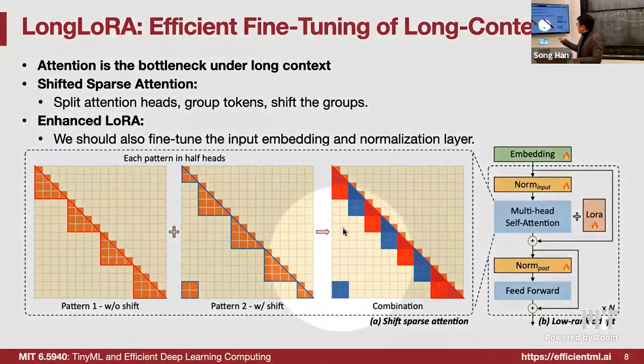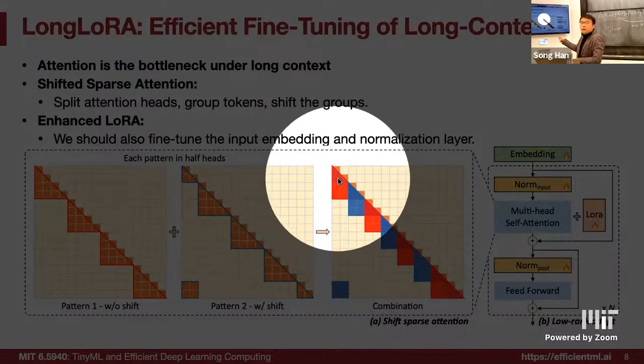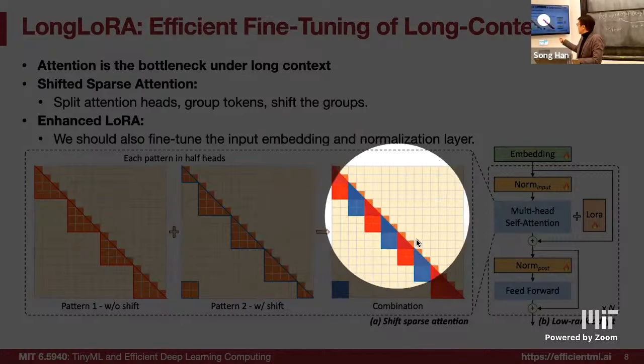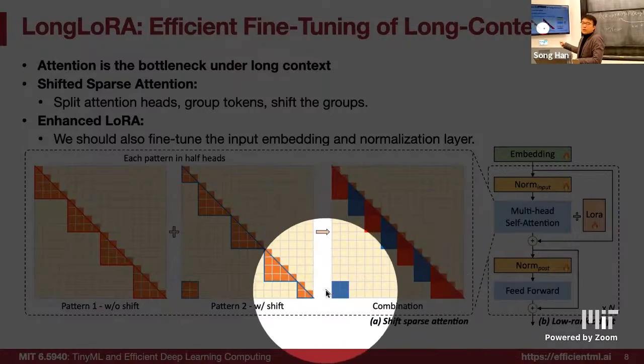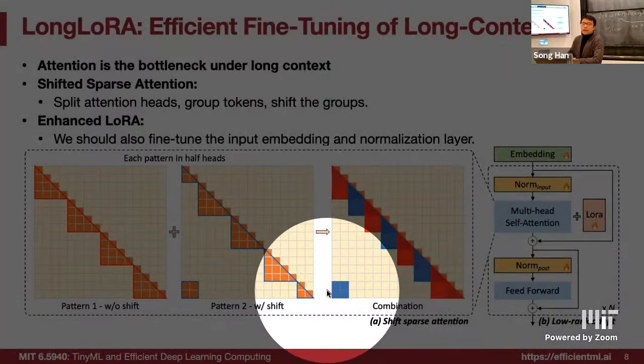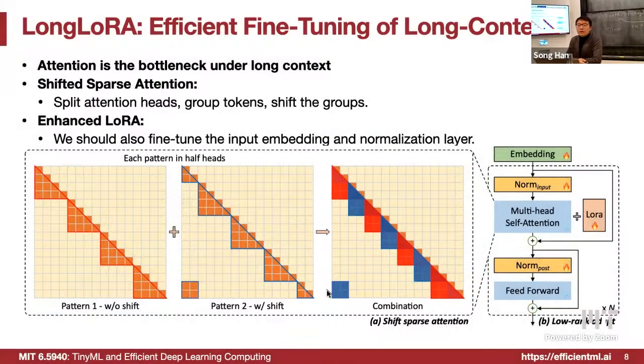Did you see a 2 by 2 triangle here on the top? It's overlaid. Another 2 by 2 triangle here, and the square becomes here. So the total area stays the same. So that's shifted sparse attention.